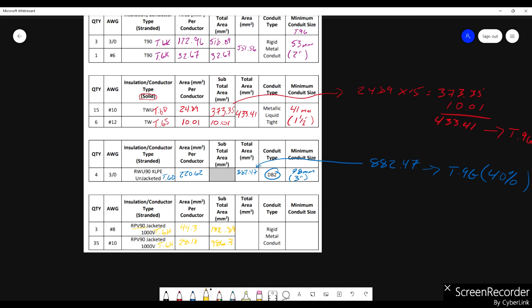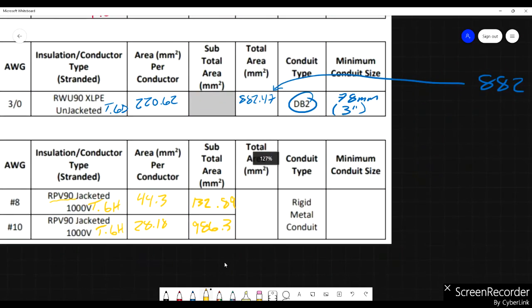Maybe if I zoom in on here, make it easier to write. Let's try this. That's a little better. So trying to fit everything on there. Okay. Add these two numbers up, you would get 1,119.19. Okay. Again, we're going to go to table 9G. We have more than 3 conductors. We're using rigid metal conduit.